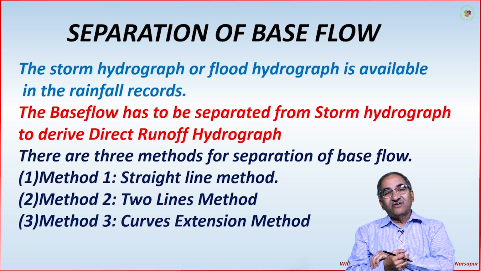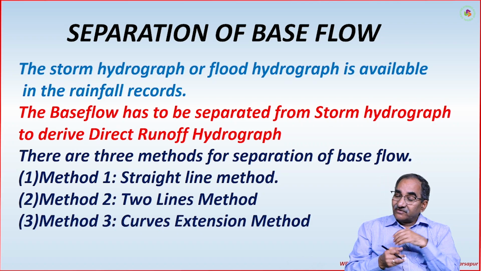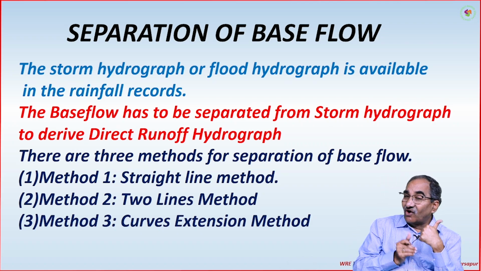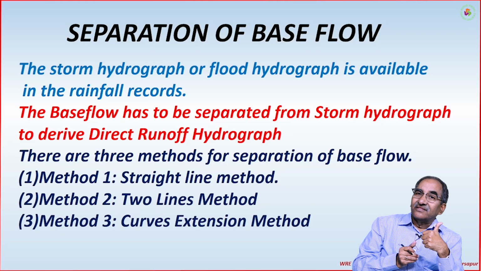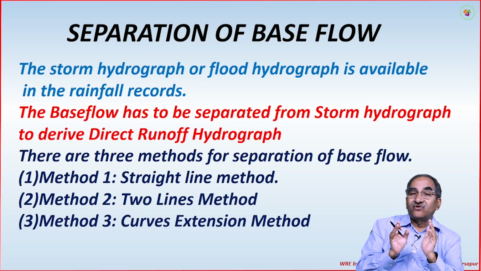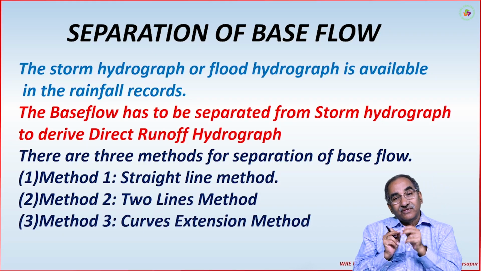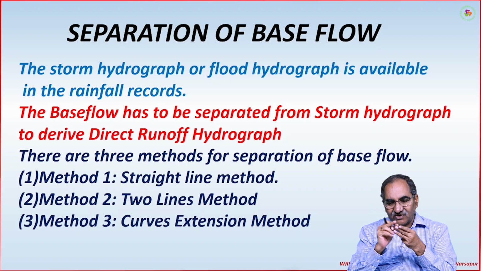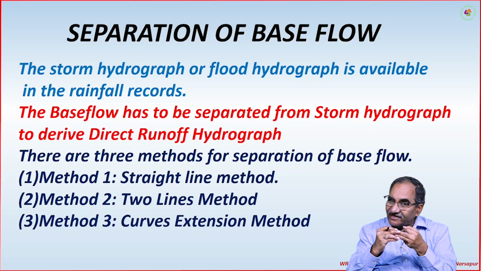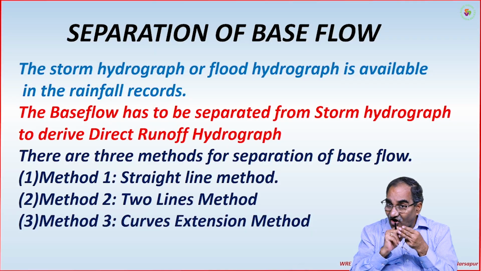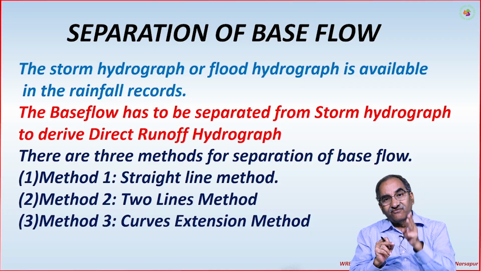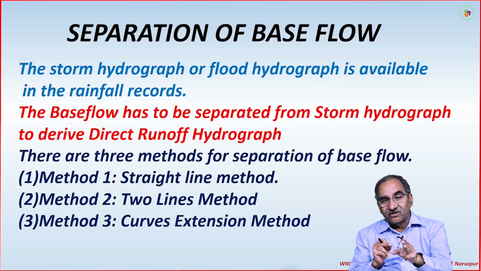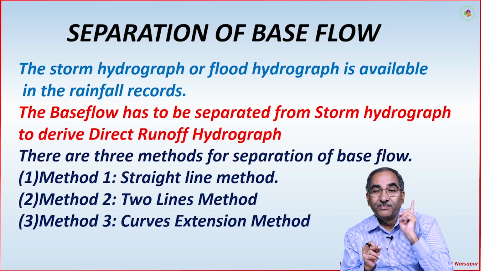For separation of base flow, there are different methods. A storm hydrograph consists of three things: surface runoff, subsurface runoff, and base flow. But the first two together I call direct runoff. So a storm hydrograph consists of direct runoff plus base flow.